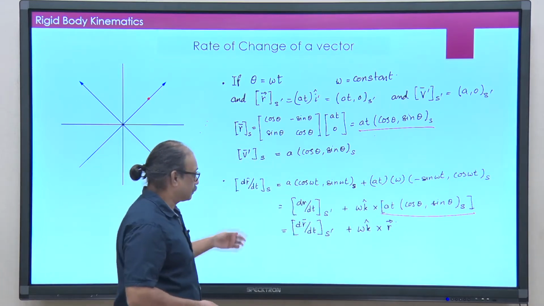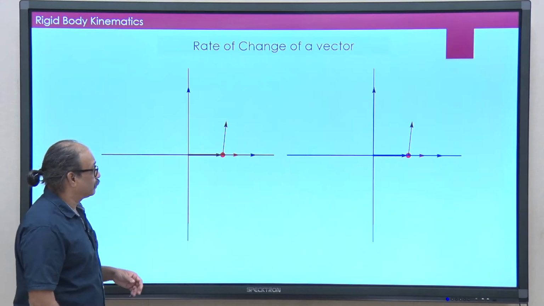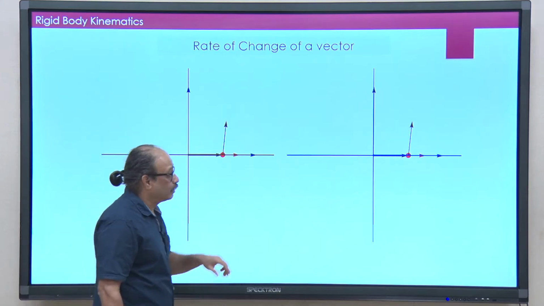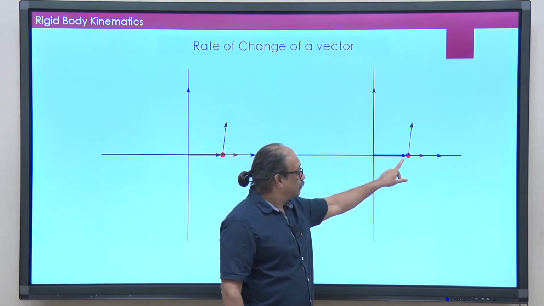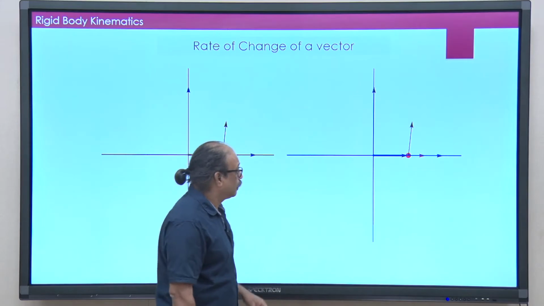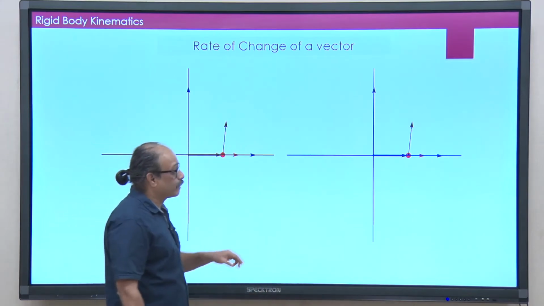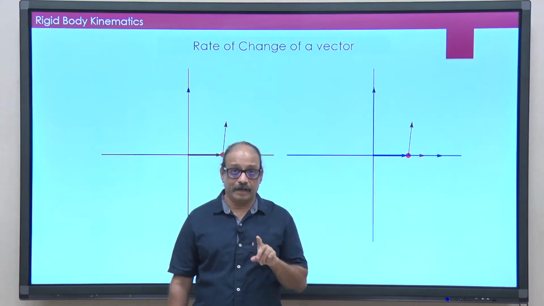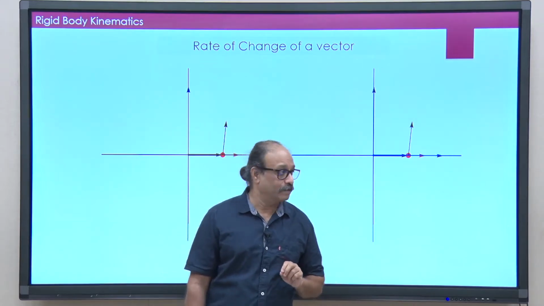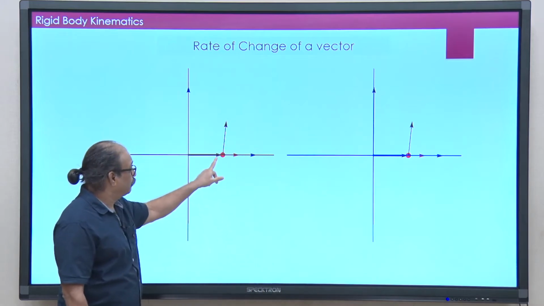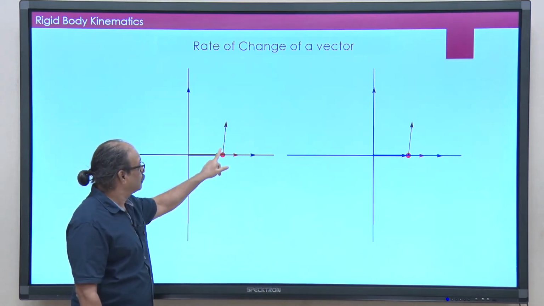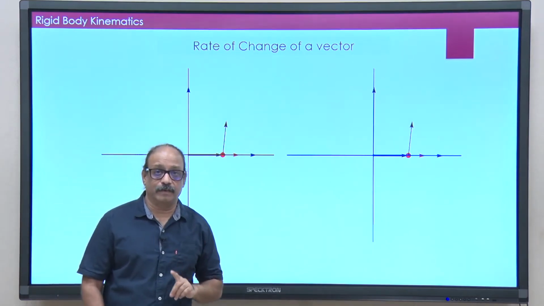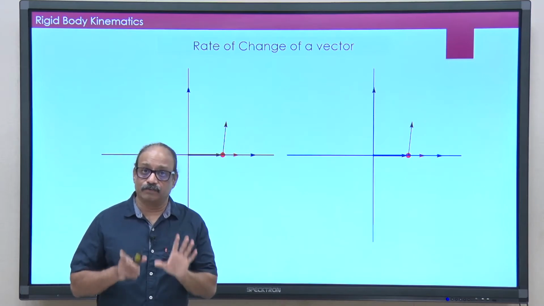This vector equation can be either seen from S or it can be seen from S prime. What I mean is this, look at this next slide where the same diagram, but now I have plotted the velocities. Here the velocity vector shown by this red arrow is the velocity of the particle measured by S prime frame. And the black arrow is the velocity measured by S frame, and these two vectors are different.